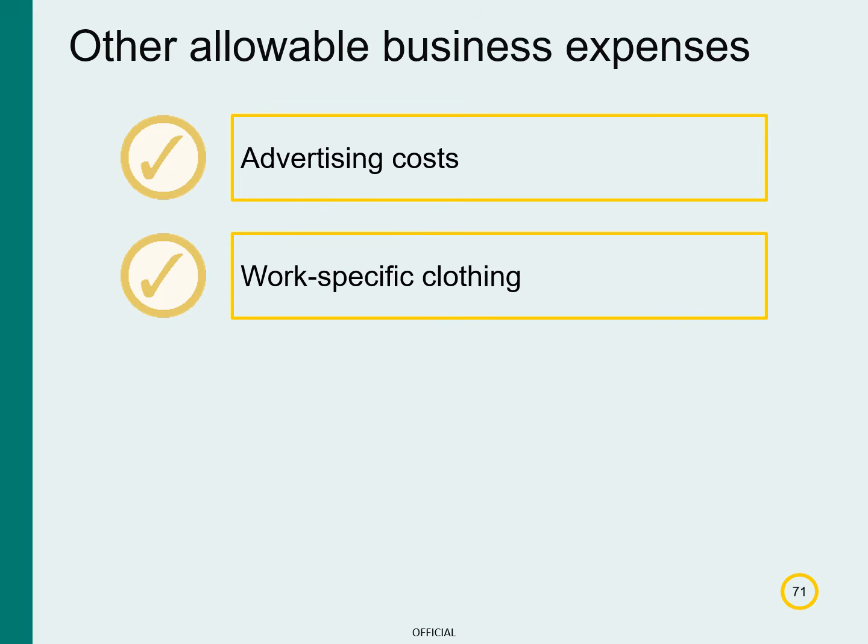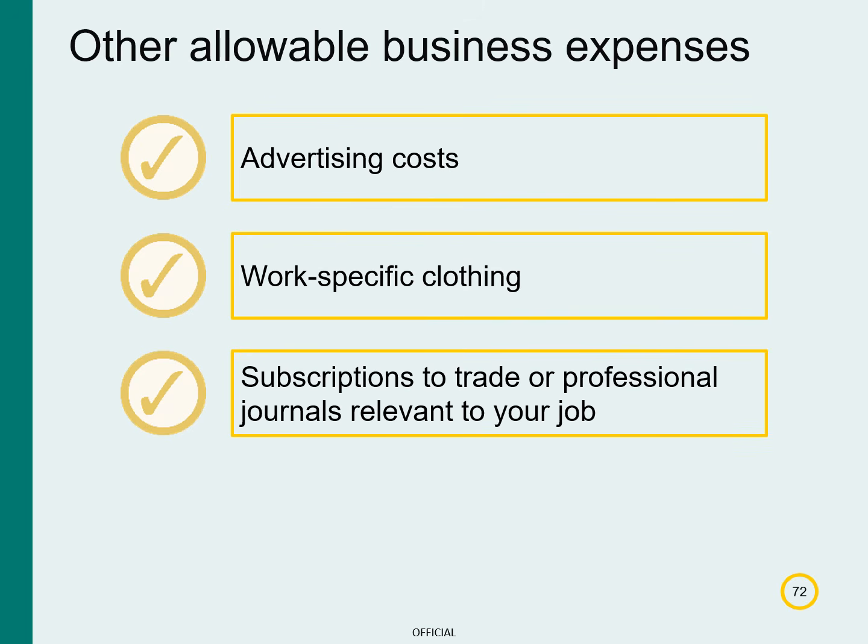So overalls, tabards, safety wear, or clothing bearing your business name or logo. If you subscribe to trade or professional journals that are relevant to your business, you can claim these as an allowable expense.